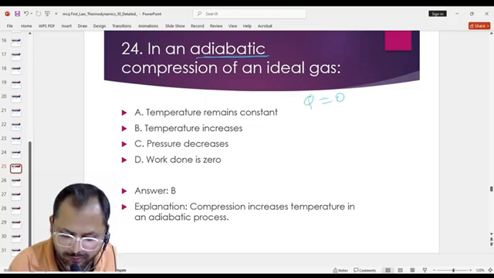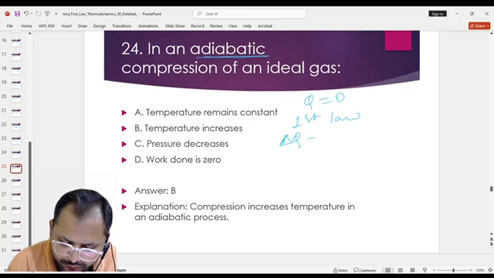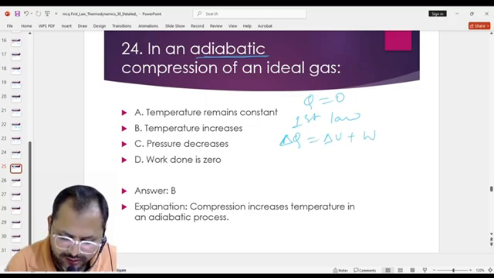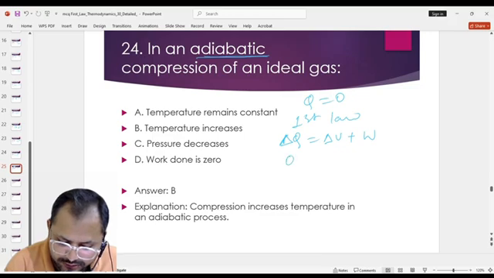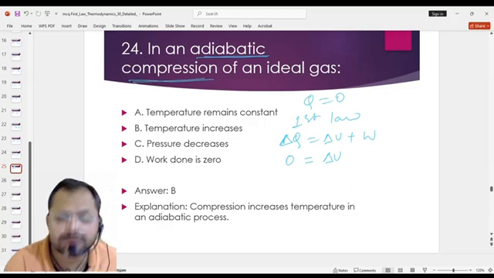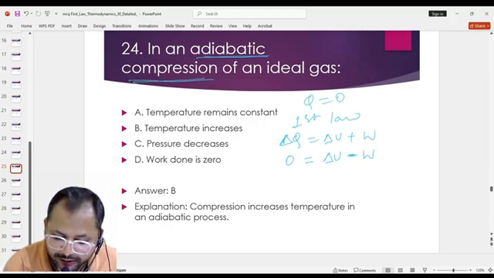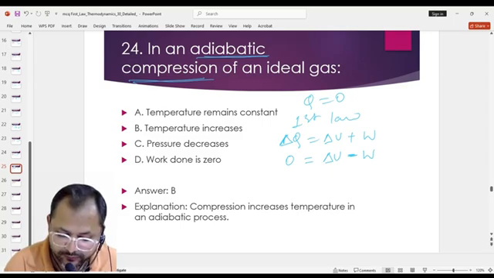By the first law of thermodynamics, delta Q equal to delta U plus work done. Here delta Q is 0. Compression takes place, which means work done is negative. So delta U minus W equal to 0.